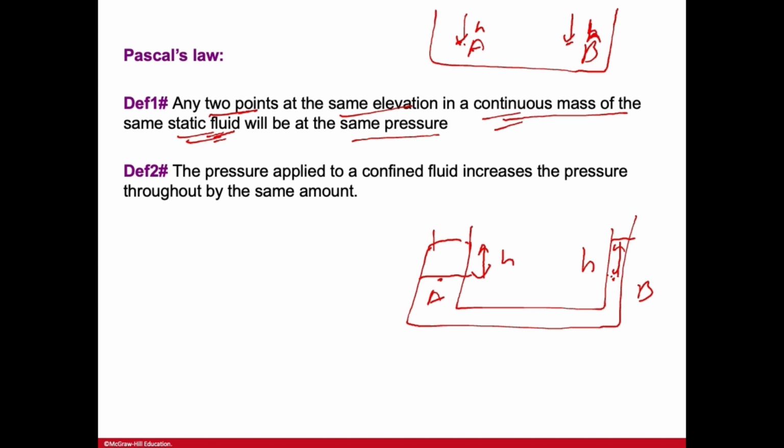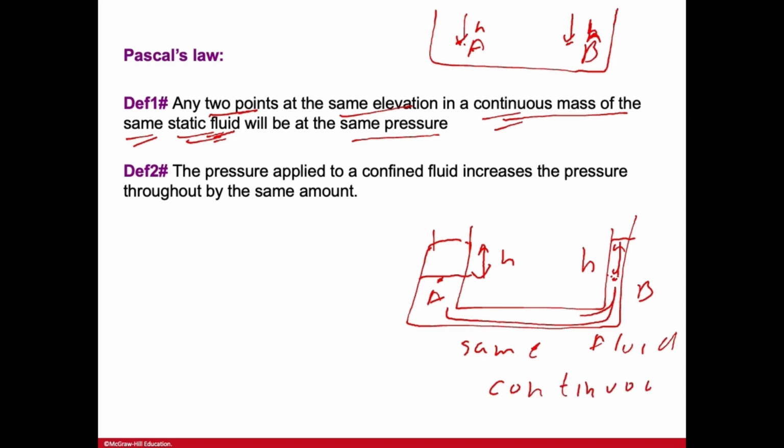So as long as this fluid is continuous and it is the same fluid, it cannot be different fluids, because then the density changes. You're going to have the same pressure at these 2 points. So same fluid, and it has to be continuous, same fluid.